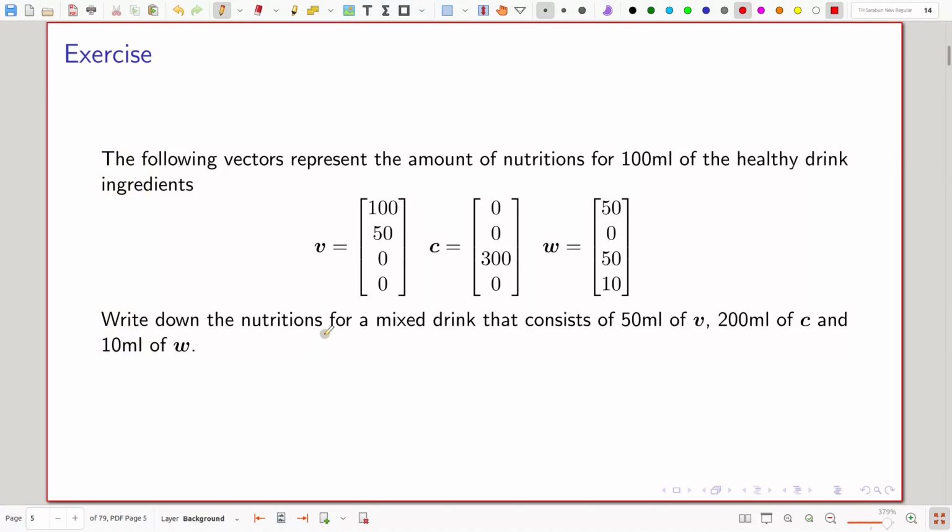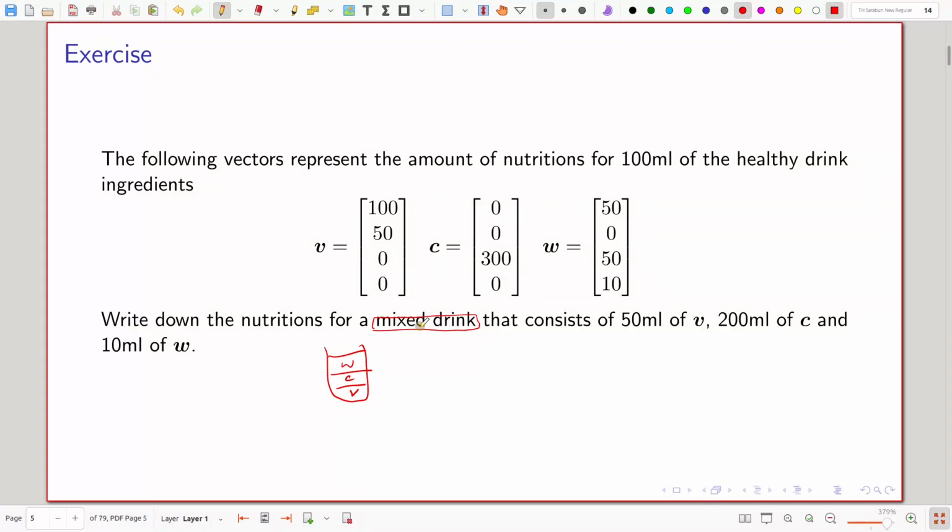You have a drink and you mix them up, partly V, C, and W. What is the nutrition of this mixed drink? Can you represent it as a vector? Can you write it down using vectors V, C, and W? Do that in the first exercise.